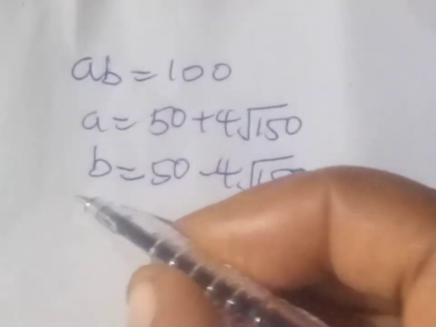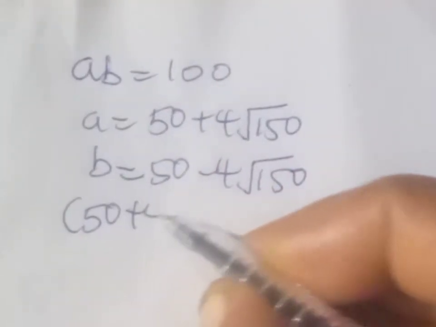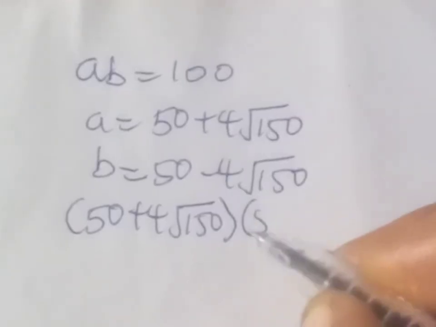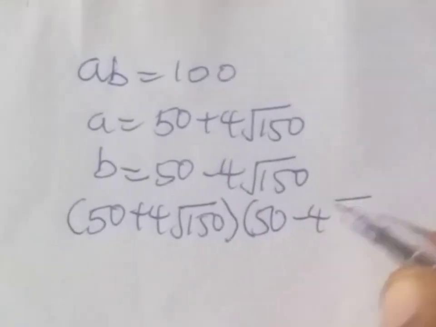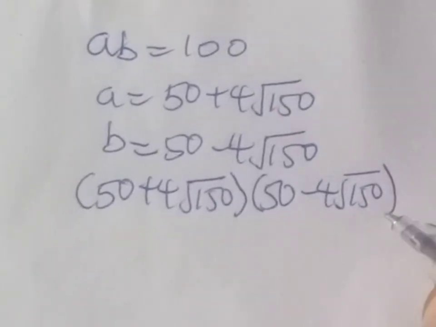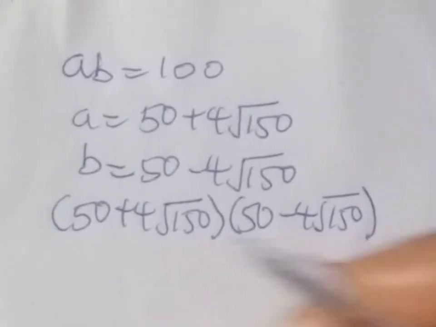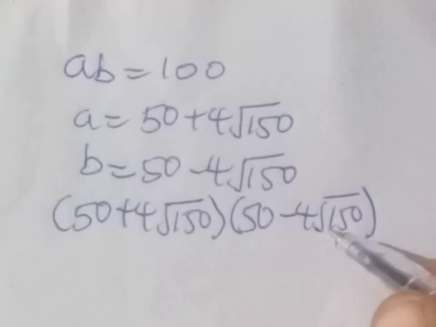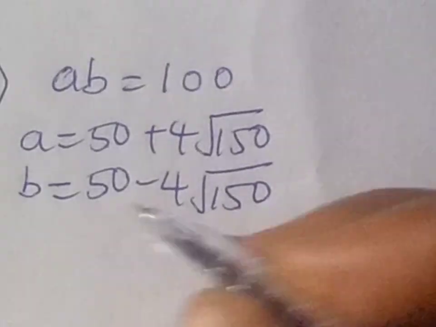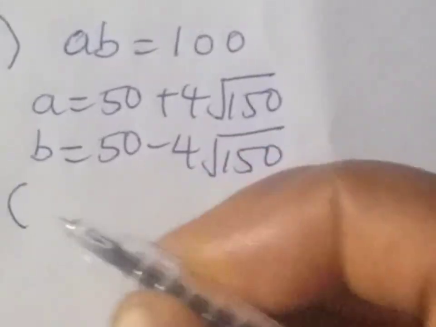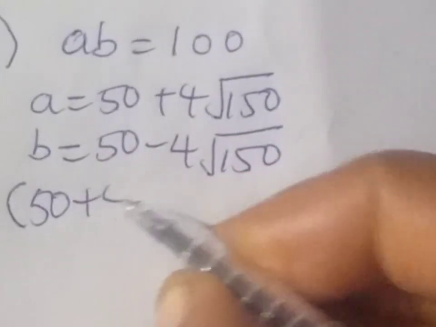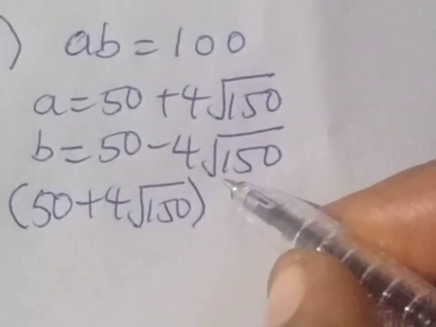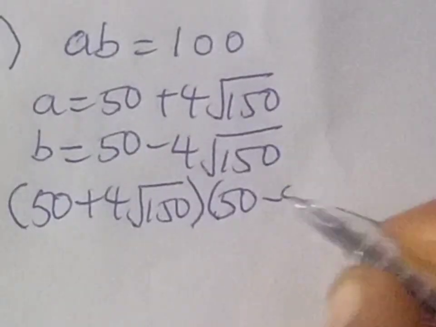So our A now, 50 plus 4 root 150 times our B, 50 minus 4 root 150. Let's see if our answer will still be 100 by the time we do the product of A and B. Let's substitute now. Our A, 50 plus 4 root 150 multiplied by B, 50 minus 4 root 150.